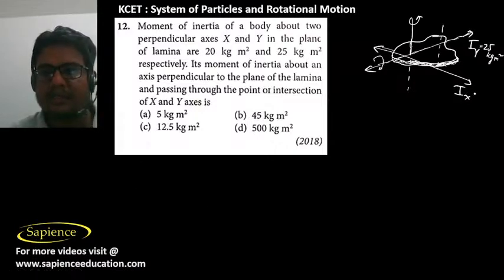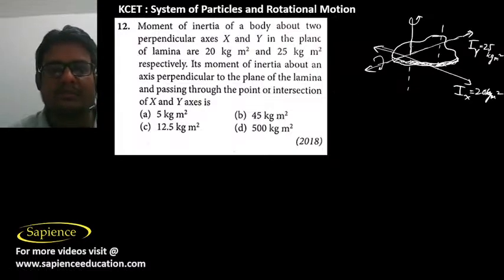So Ix is equal to 20 kg meter square. Then we need its moment of inertia about an axis perpendicular to the plane of the lamina and passing through the point of intersection of the x and y axes. It means about the z axis. So the z axis is perpendicular to the plane of this laminar object. That we have to find.